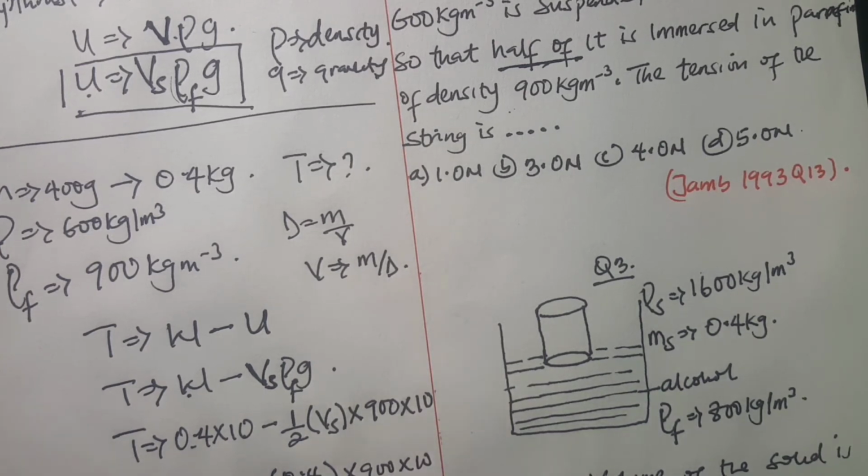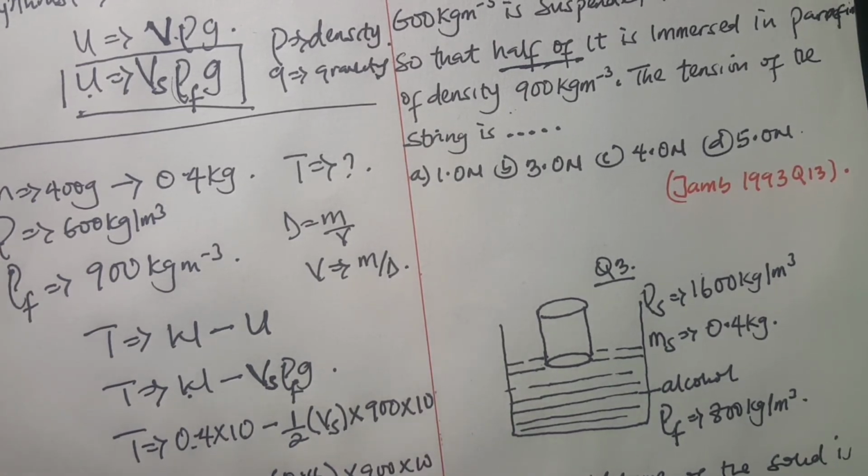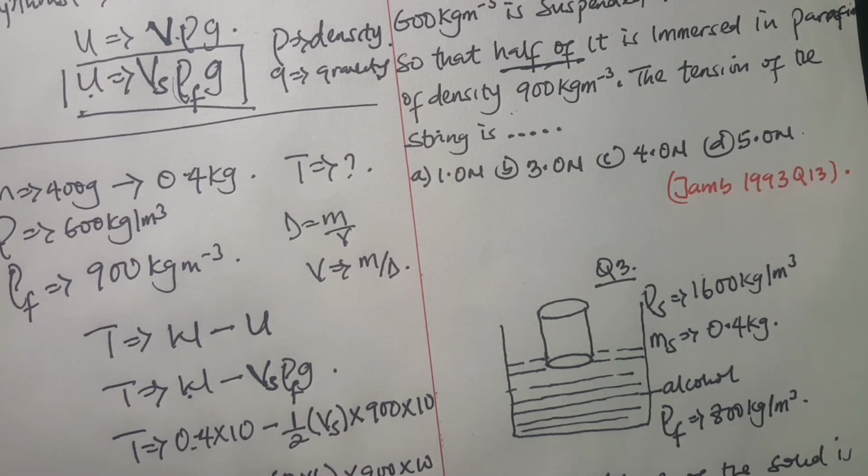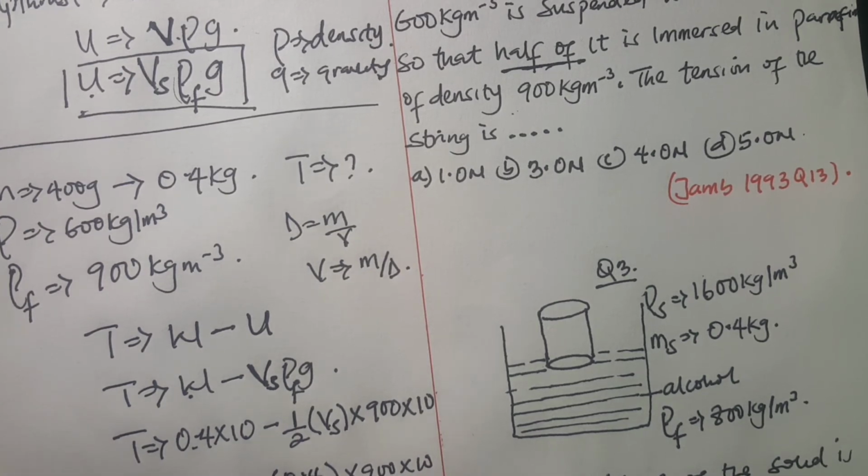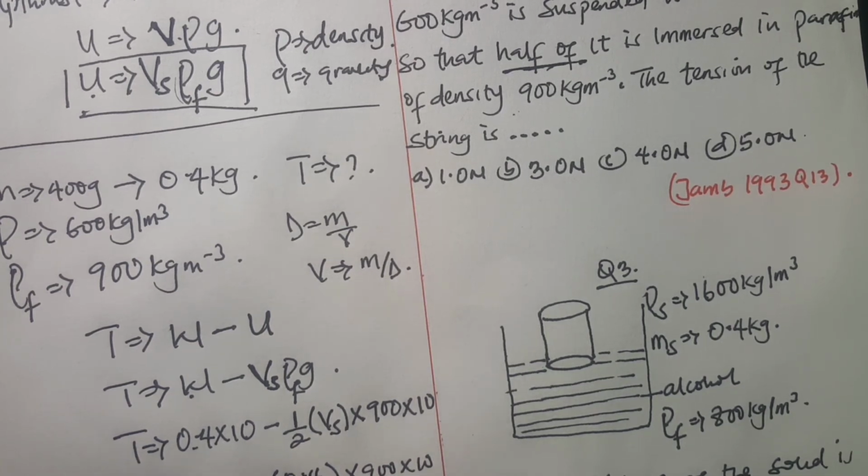And if we go by punching our calculator, tension here will be equal to 4 minus half of 0.4 divided by 600. We can do a little mathematics here by saying half times 0.4 over 600 is the same as 4 over 10 times 1 over 600, times 900 times 10.